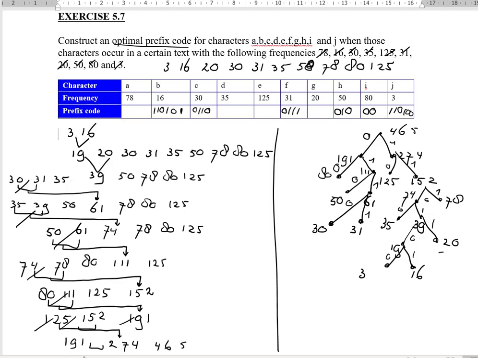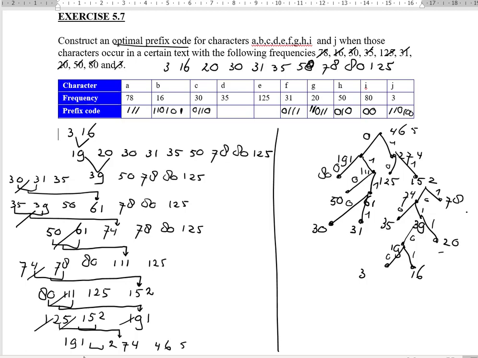Then we have this 20, which is 1, 1, 0, 1, 1.